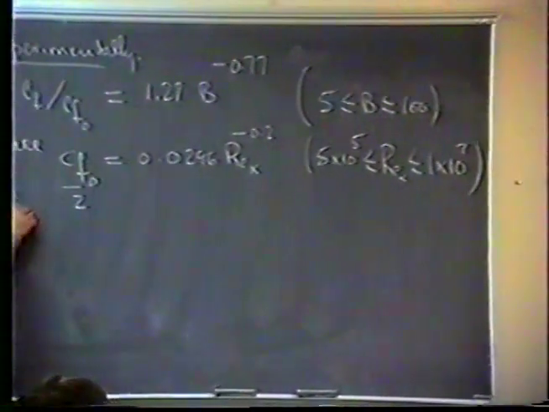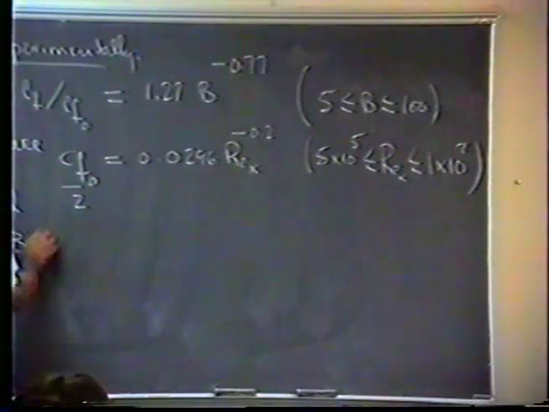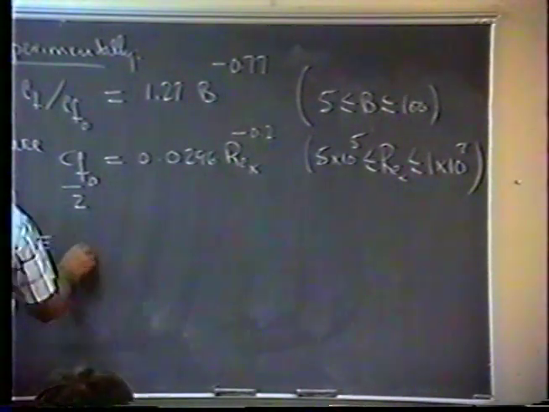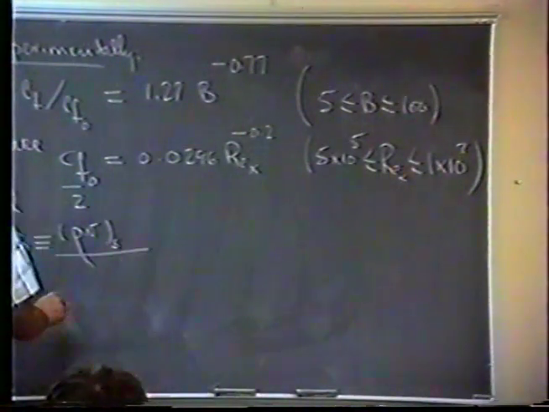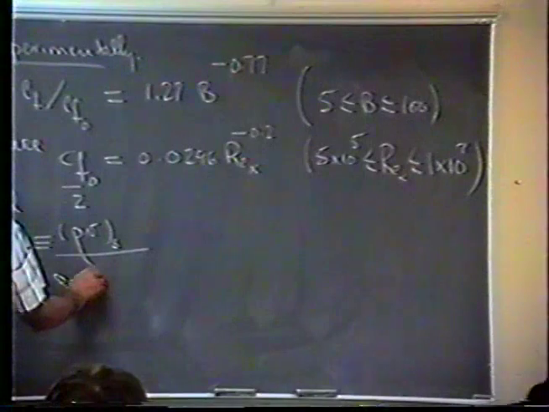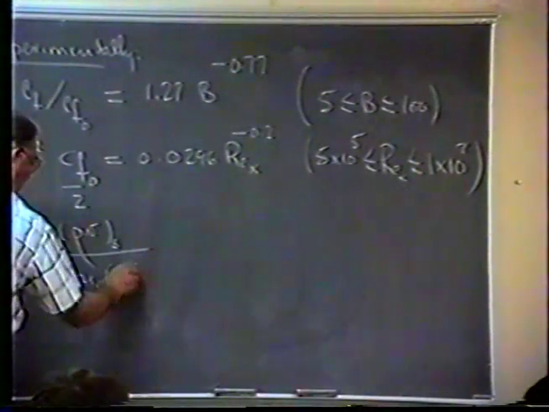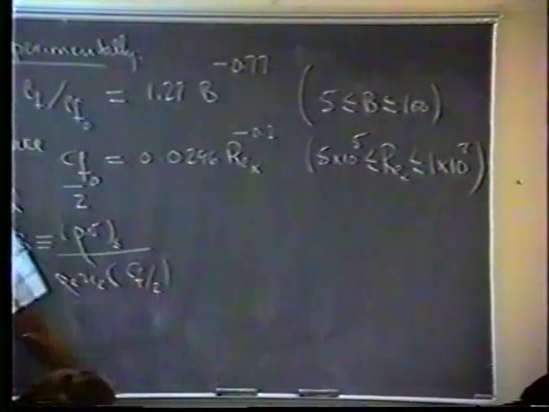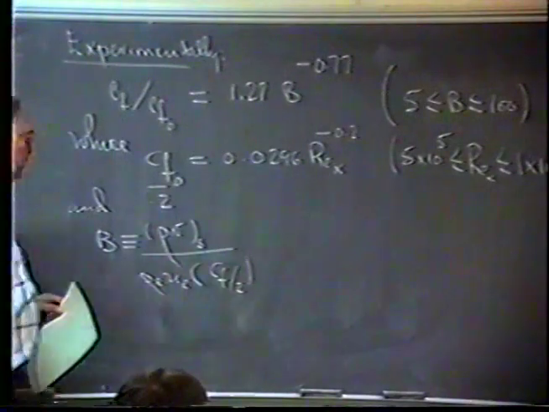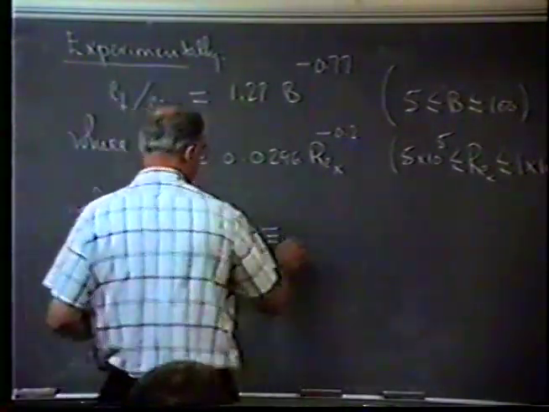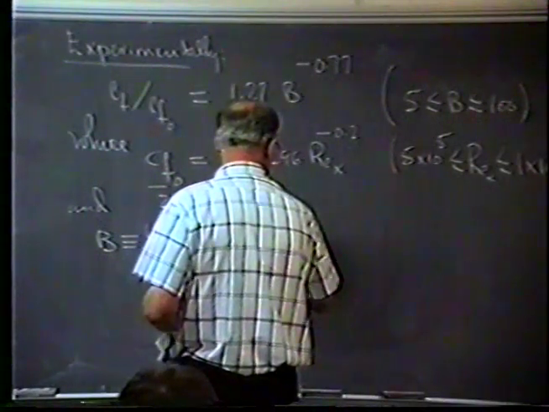And B is defined as rho V at the surface divided by rho E U sub E C sub F over 2. And this is given the name the surface injection parameter or mass transfer parameter.